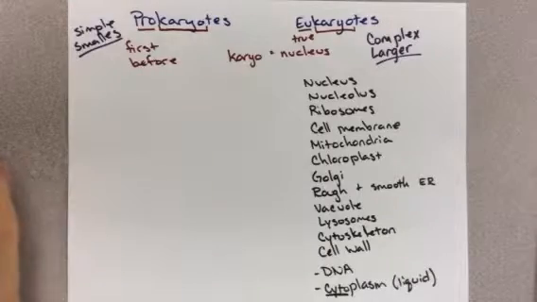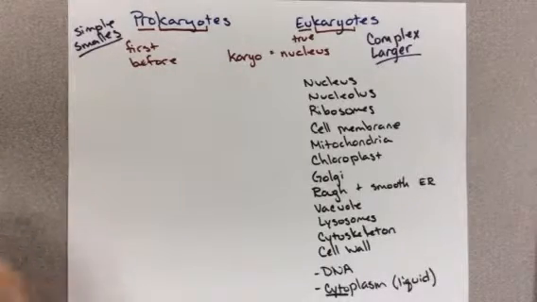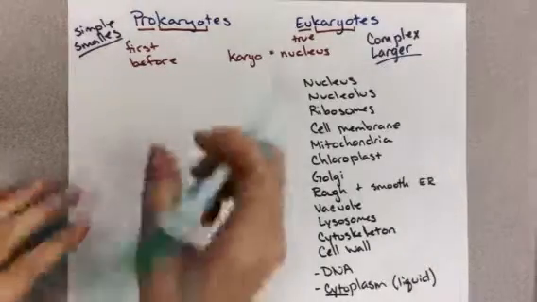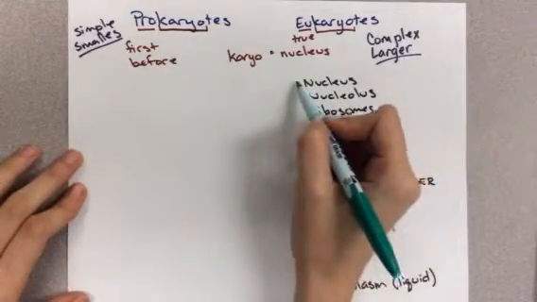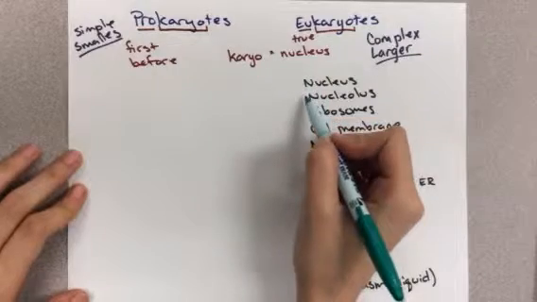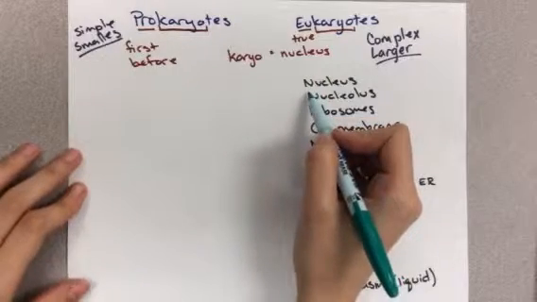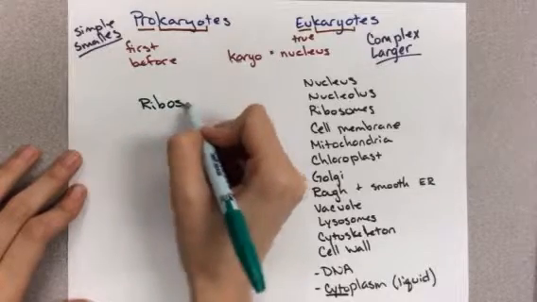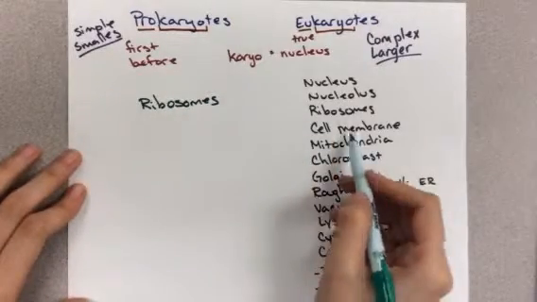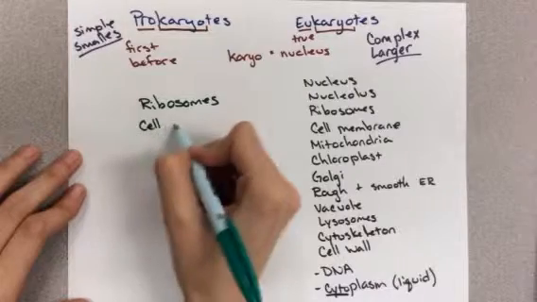Now, this is a much, much shorter list. We already know that prokaryote means before the nucleus, so prokaryotes don't have a nucleus, therefore they definitely don't have a nucleolus. They do have ribosomes. They do have cell membrane.